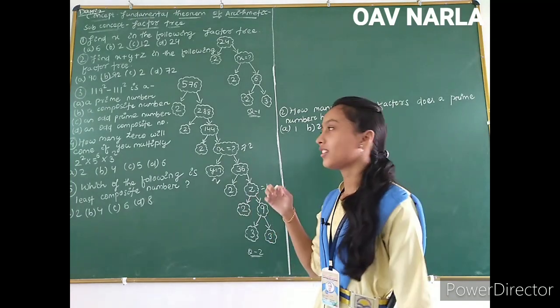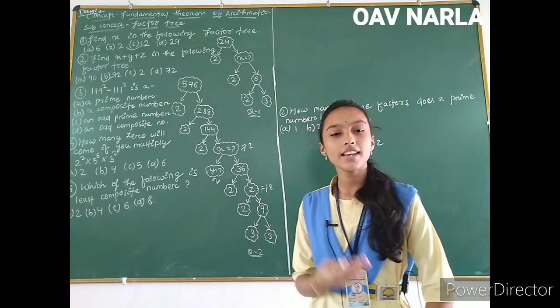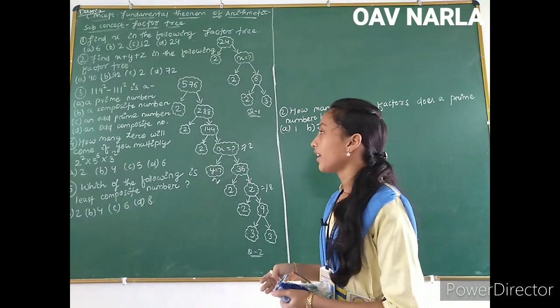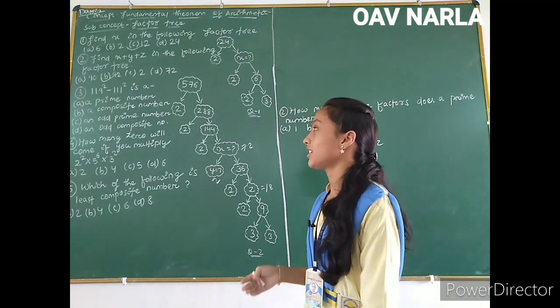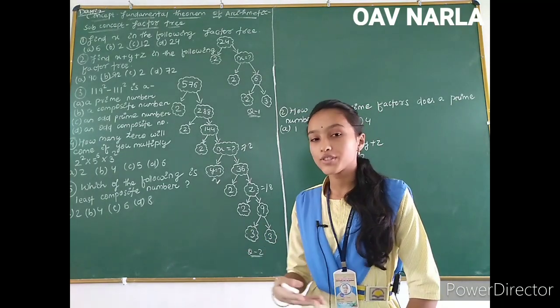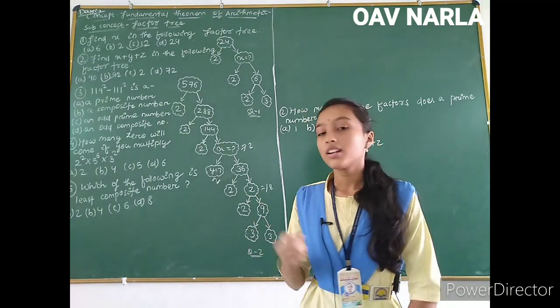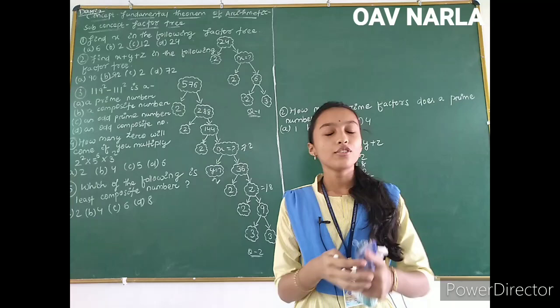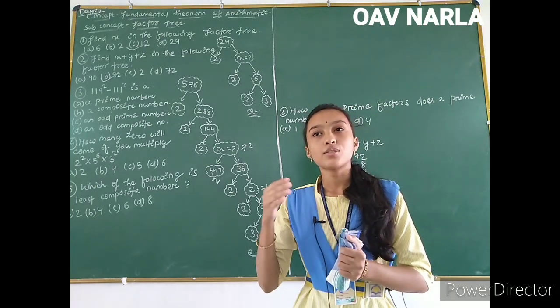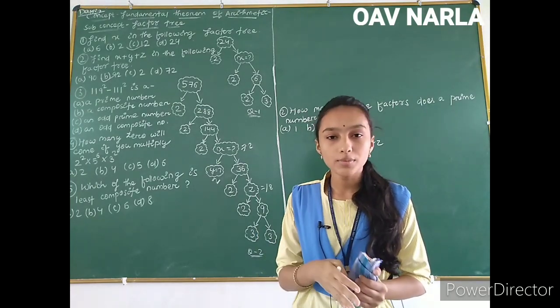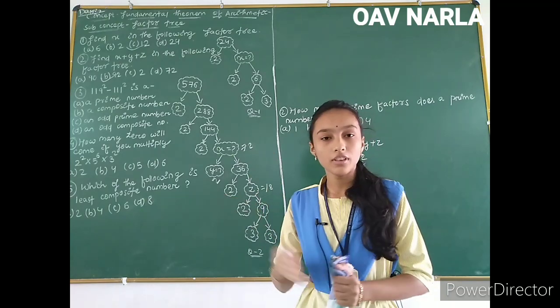Let's move to question number 3, which says, when you subtract the square of 111 from the square of 119, which number do you get: a composite, a prime, an odd prime, or an odd composite number? No need to calculate the squares of the numbers, just subtract the numbers without the square.